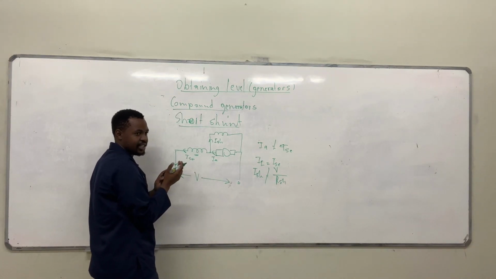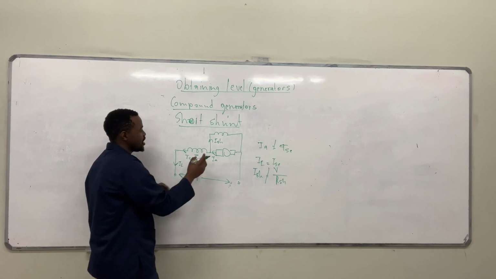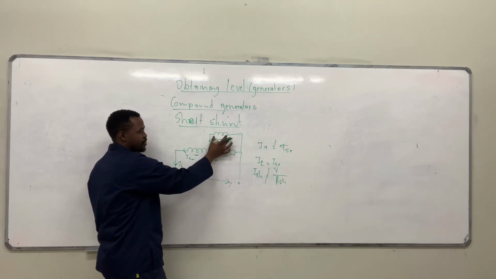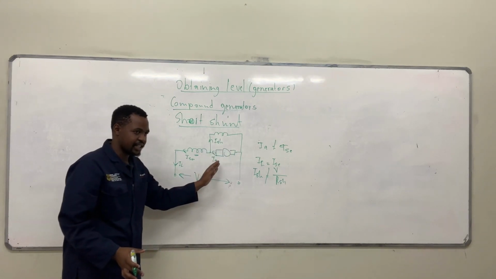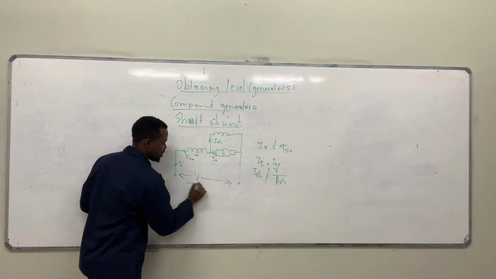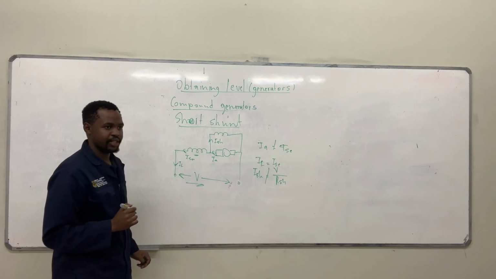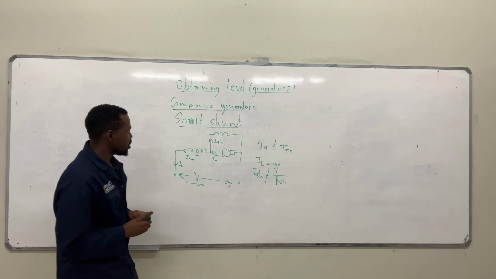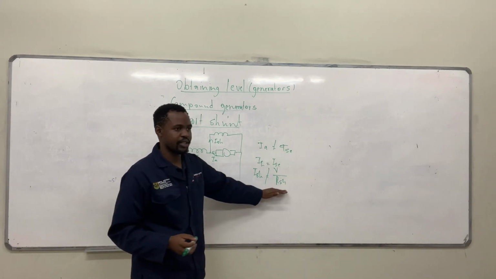Does it make sense? The voltage across the armature and the voltage across the shunt field winding are the same, but they are not the terminal voltage. So we cannot use this formula.